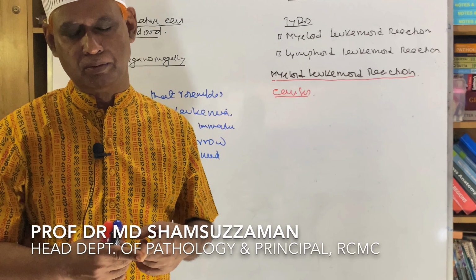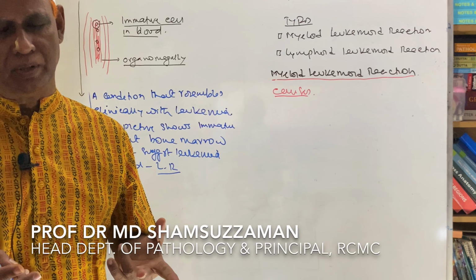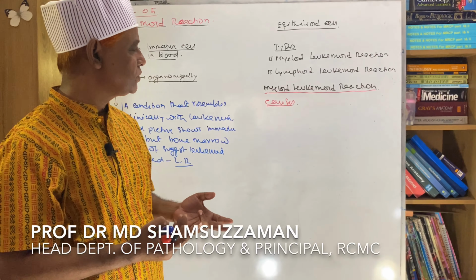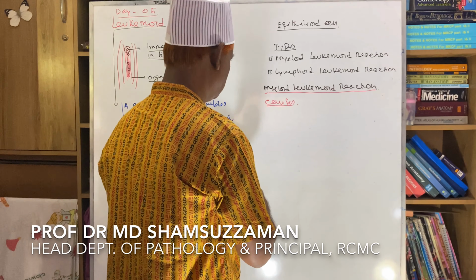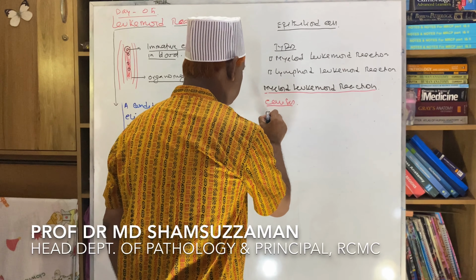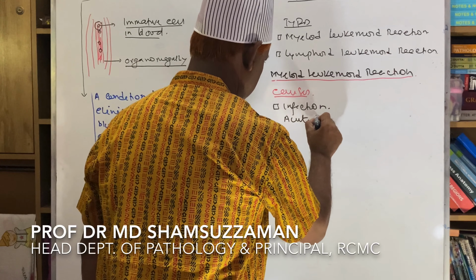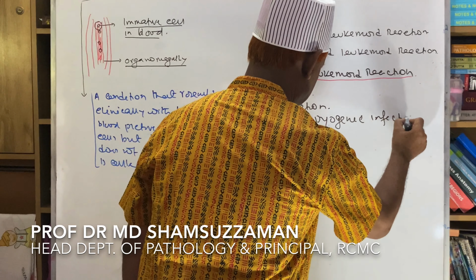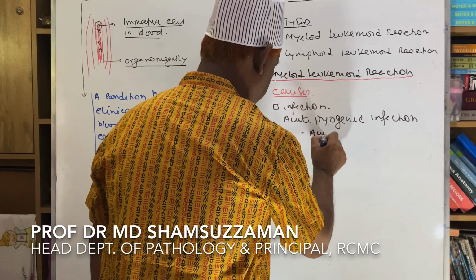Again we repeat, the conditions where we get neutrophil leukocytosis are the causes of myeloid Leukemoid reaction. One is infection. What type of infection? Acute pyogenic infection. Example, one is acute appendicitis.